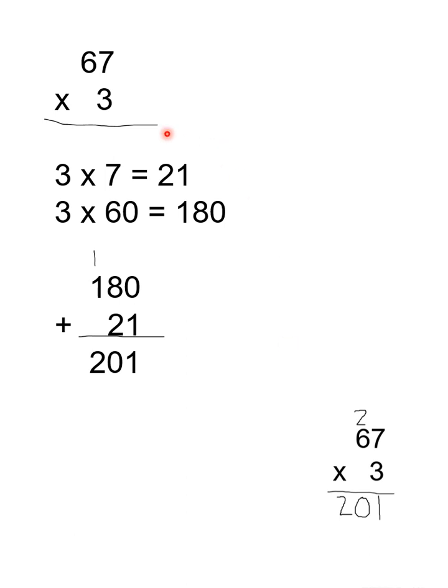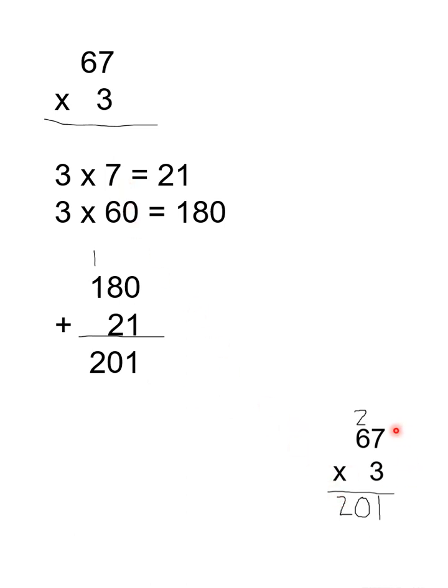All right, so 67 times 3, we would say 3 times 7 is 21. 3 times 60 is 180. We would add 180 and 21. 0 and 1 is 1. 8 tens and 2 tens is 100. Carry the 100. 100 plus 100 is 200. The answer is 201.